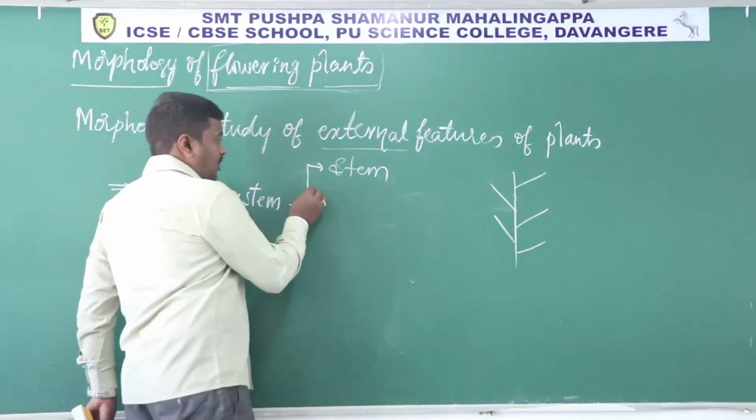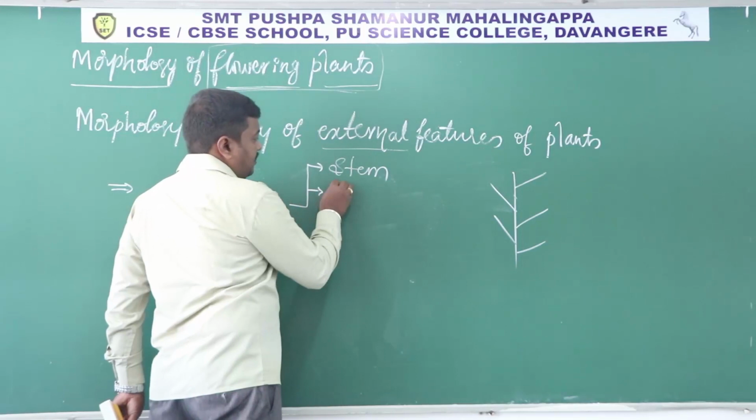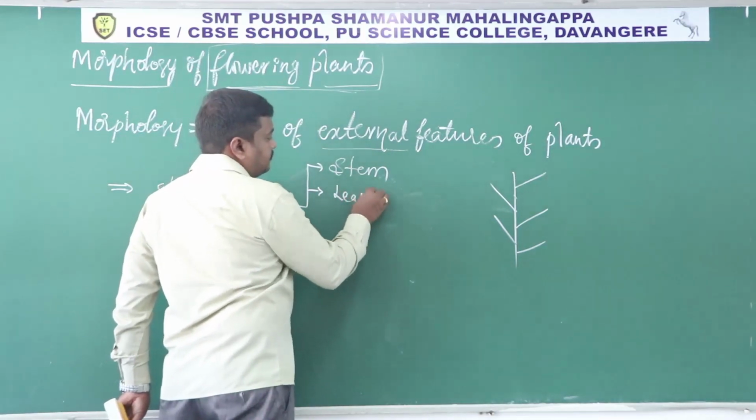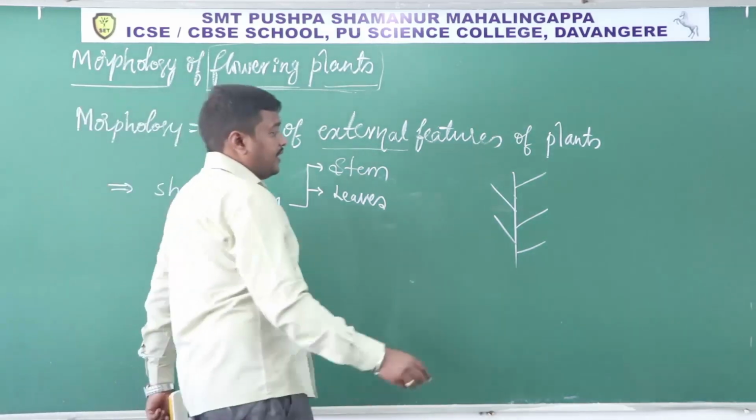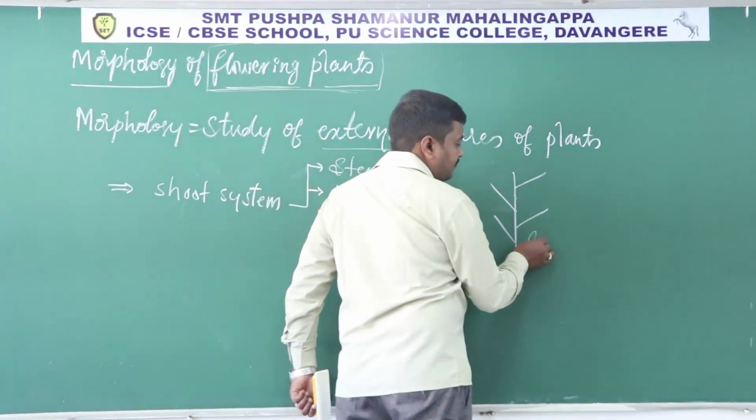On the branches or on the main stem you can observe leaves. On those branches you can observe the leaf.